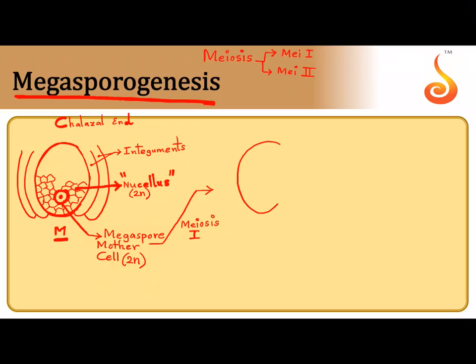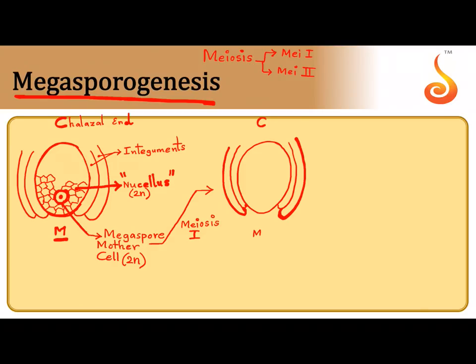I am again going to draw the nucellus and the integuments. In reality, the integuments are also developing. While this process is happening, the integuments are still developing, but here I am showing it complete so that you get an idea of where this process is happening. Once again, let us mark the poles. This is the chalazal end and this is the micropylar end.